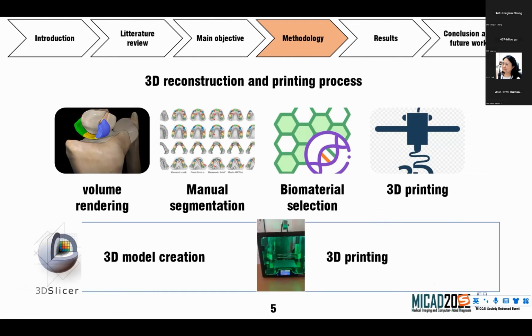For that, we utilized 3D Slicer, which is an open source software for visualization, processing, segmentation, and analysis of medical data. This software has multiple techniques such as volume rendering and segmentation tools that we utilized in our case. And for the 3D printing, actually the 3D printing technique depends mainly on the selected biomaterial. In our case, we worked with FDM.